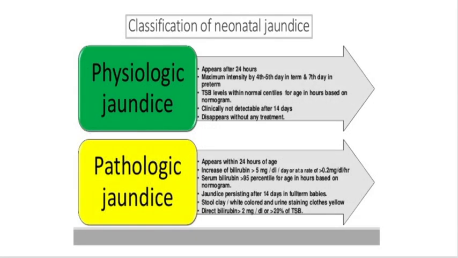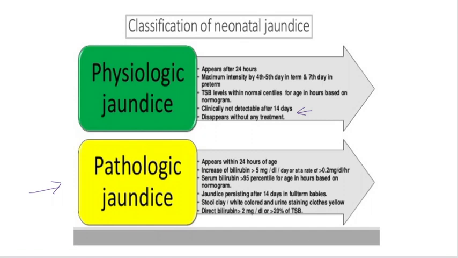So physiologic jaundice appears within those first 24 hours, should be intensified by the 4th or 5th day, 7th day for preterms, and then it should not be clinically detectable after 14 days and should not need any type of treatment.